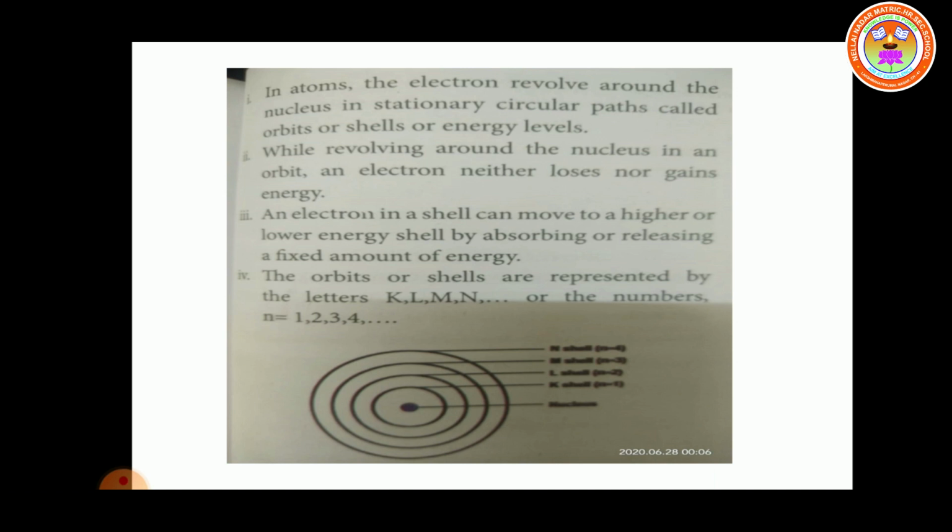An electron in a shell can move to a higher or lower energy shell by absorbing or releasing a fixed amount of energy. The orbits or shells are represented by the capital letters K, L, M and N, or the numbers 1, 2, 3, 4. So, these are the important postulates of Bohr's atomic model.